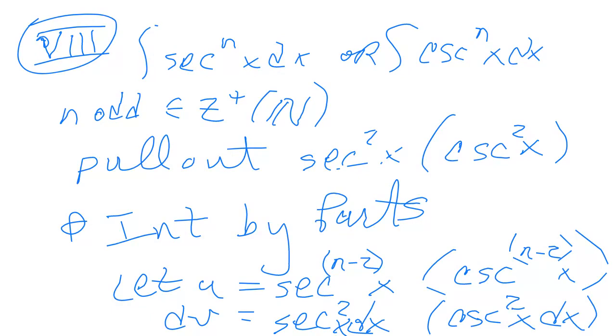Whatever you pull out, that's what dv is, attached with the dx. So let's just look at an example of this and see if we can do one. Let's take the antiderivative of secant cubed. Let's start out easy since this is my first one of the day. Secant cubed dx.